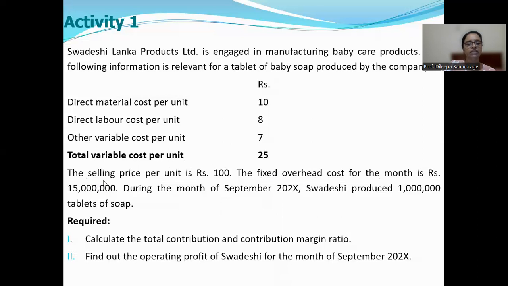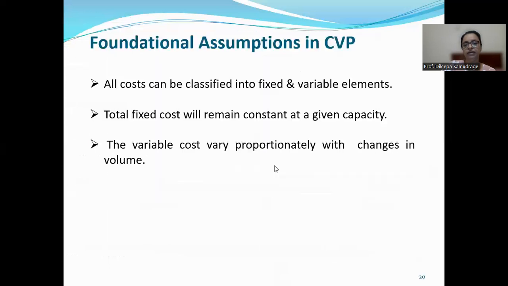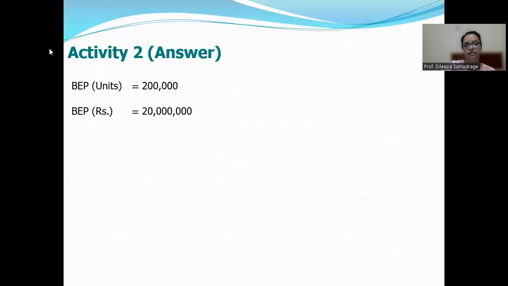So fixed cost is 15 million. 15 million you have to divide by 75, then you get the break-even point. So that is 200,000. 200,000 you have to multiply by 100 to get the break-even point in rupee value, right? Clear? So those are simple things, right?